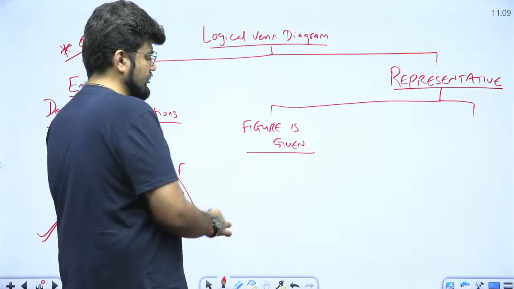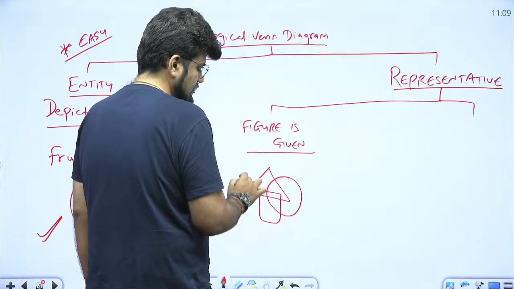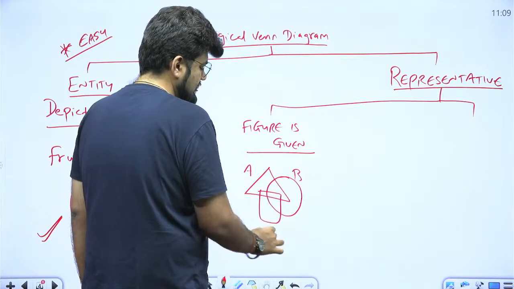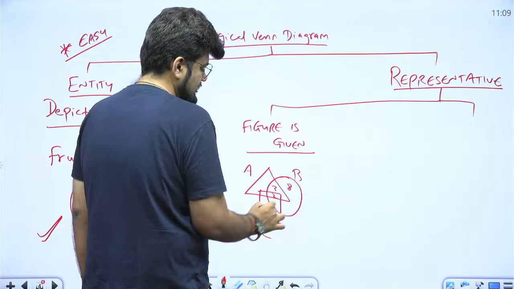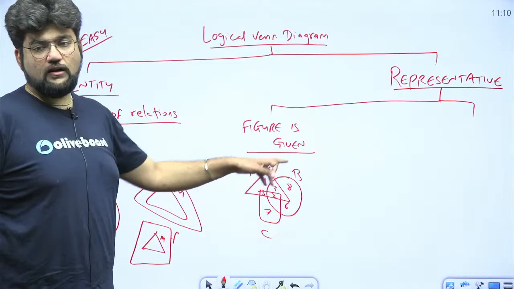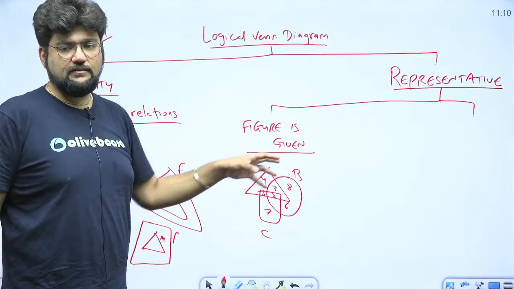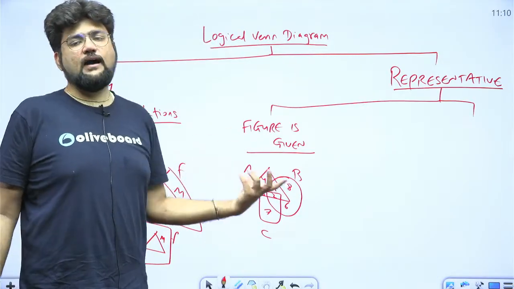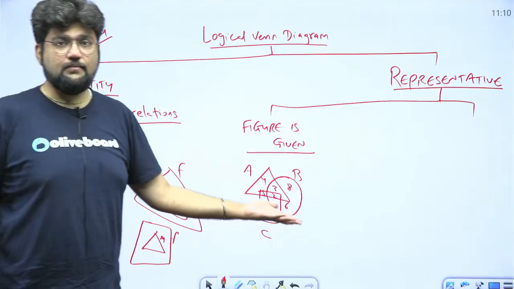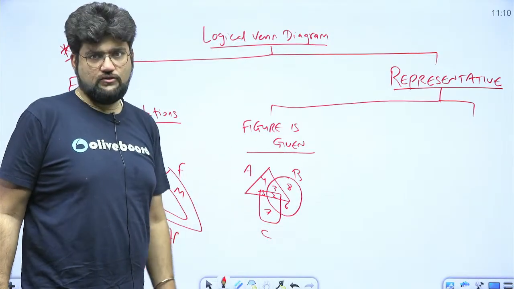So a figure like this will be given to you. Let's say A, B and C, and there will be various numbers here, 2, 3, 8, 7, 6, 5, 4. So there will be number of units or number of people representing these individual entities. And then there will be questions asked from this figure.